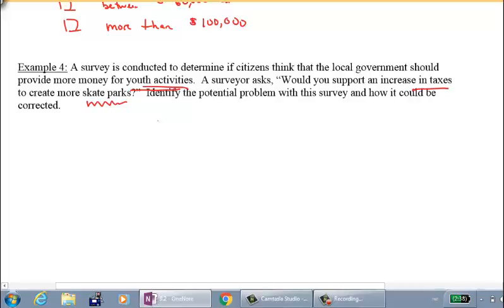Okay? So my issue here is, why are youth activities only seen as skate parks? I'm sure youth do much more than just skateboard in a skate park. So, very biased question. This is probably in the wording or the use of language.